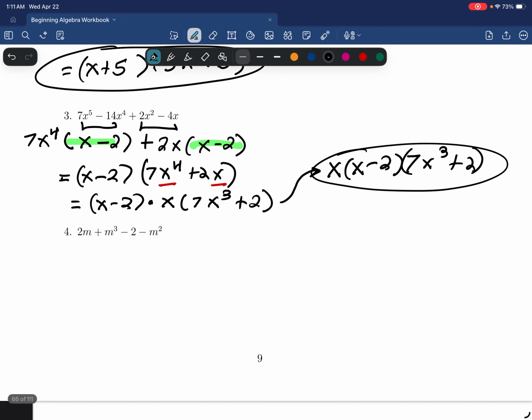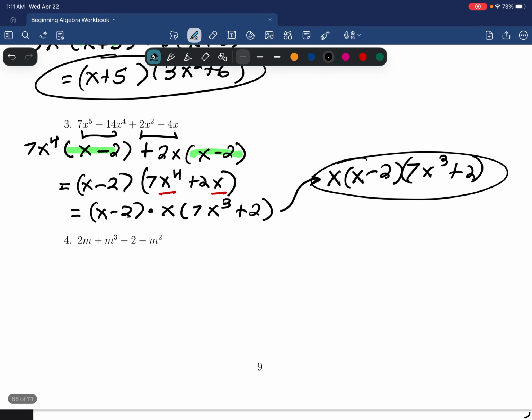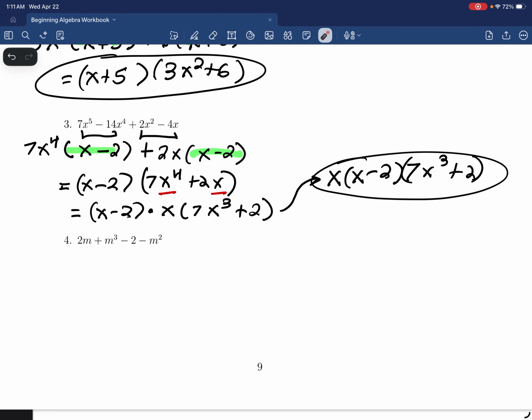Alrighty, so I encourage you to pause the video and go through this final example on your own. And assuming you have given it a go, let's go through it. So if you looked at this and said, this doesn't look like how it usually looks, you are correct. But the only difference between this example and the other ones is that this polynomial here isn't in standard form, but it's nothing different compared to what we've been working with.